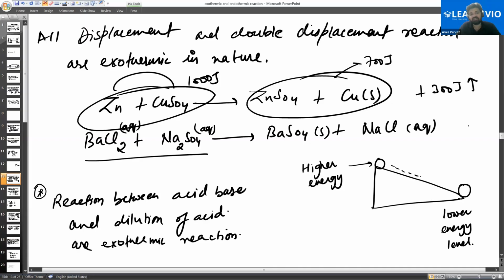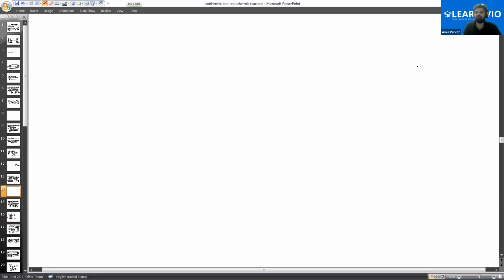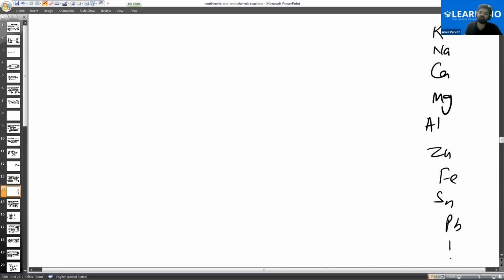Now you need to understand one thing, that we are going to study displacement reactions. Let me explain that we have a reactivity series in which the more reactive element is placed at the top. Just concentrate everyone, look at the board. Potassium, sodium, calcium, magnesium, aluminum, zinc, iron, tin, lead, hydrogen.